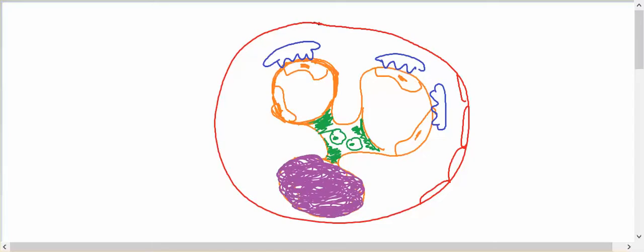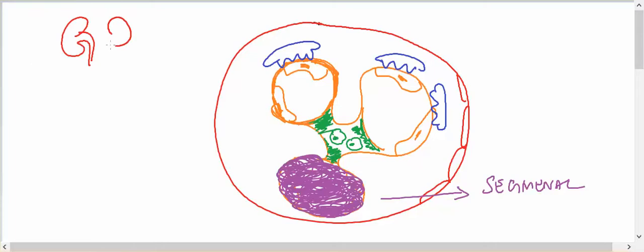But not all the tuft. Only some part of the tuft is sclerosed. So a segment of the glomerular capillaries is sclerosed. It is segmental. It is segmental sclerosis, but sclerosis is happening in the glomeruli. It is segmental glomerulosclerosis.